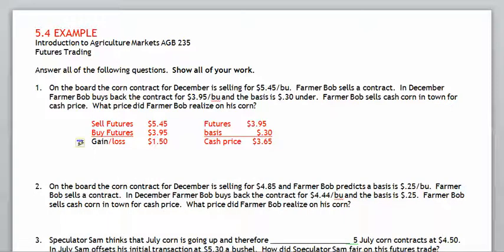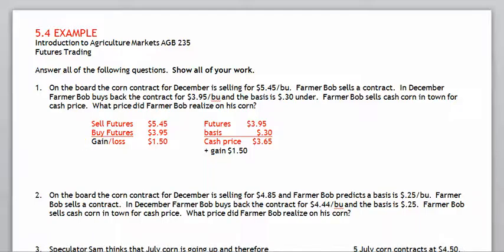We add the gain from our futures transaction, and that gain was $1.50. $1.50 plus 3.65 is, excuse me, 5.15.